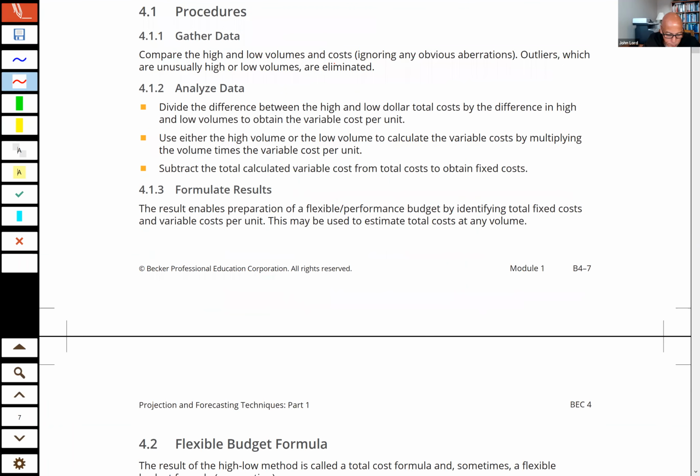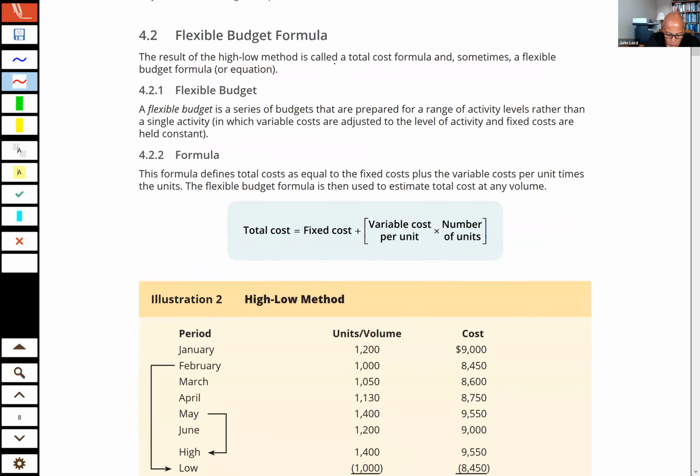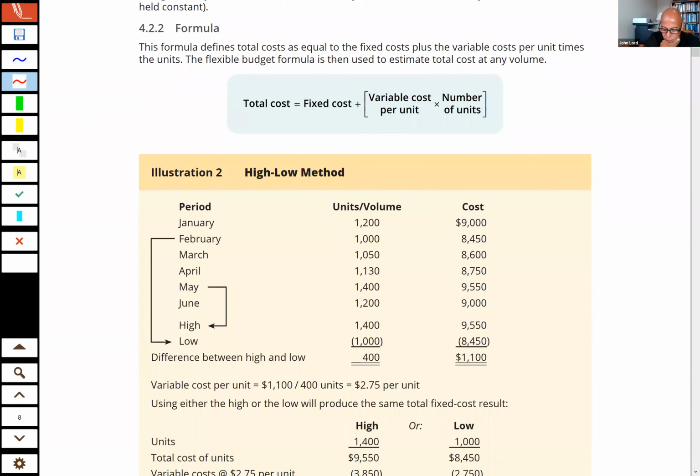So take a look at the example on the next page. I actually thought the HiLo method was kind of fun when I was taking the exam. I got a couple of questions on it, and I felt pretty smart when I answered them. I could tell I got them right.